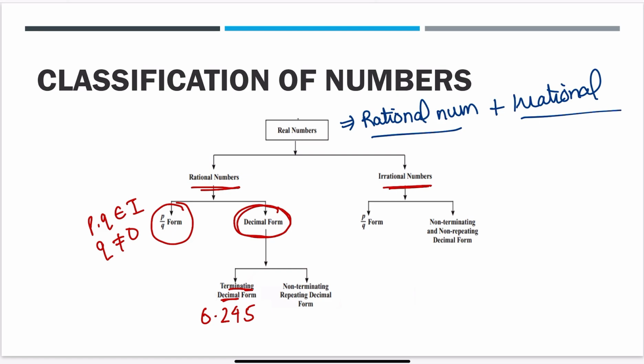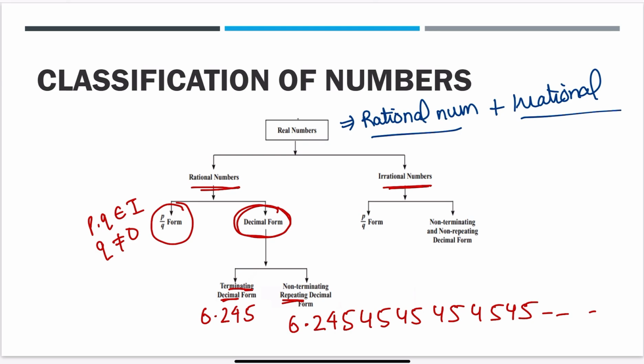Now tell me what is non-terminating repeating decimal form. Let's break this up. It is of some decimal form, 6.245. Now it is non-terminating repeating, means some part is getting repeated. Suppose 45, 45, 45, 45, 45. Is some part repeating? Yes.